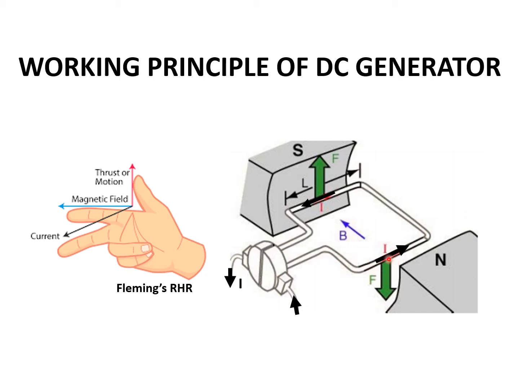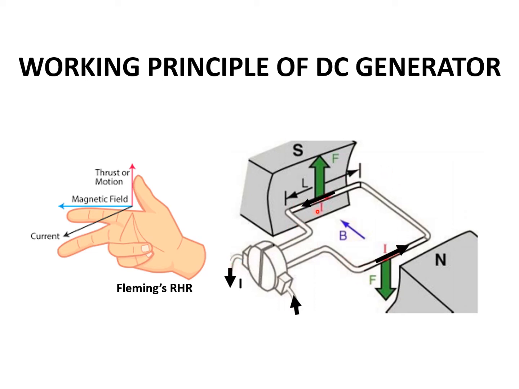So in this way, the current is flowing in the conductors. We know that whenever a conductor cuts a magnetic flux, EMF will be induced across the conductors and current starts to flow through the conductor, and the direction of current can be found by Fleming's right hand rule. So the current is flowing like this.